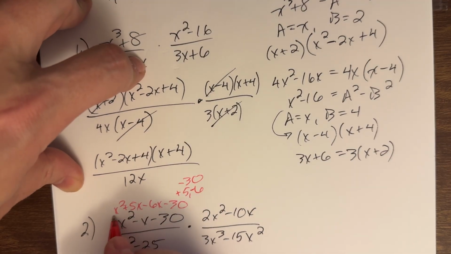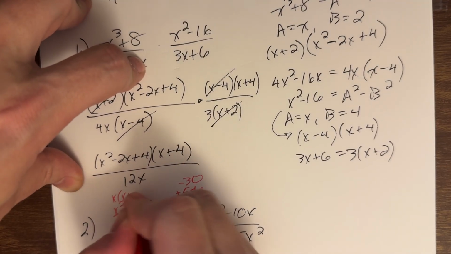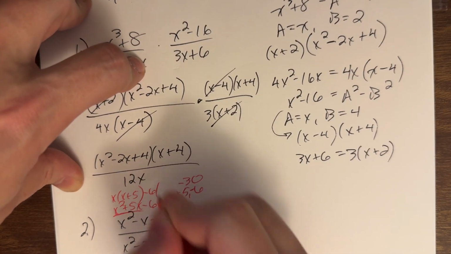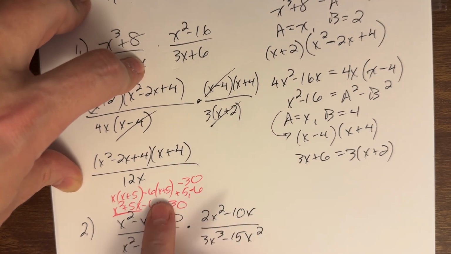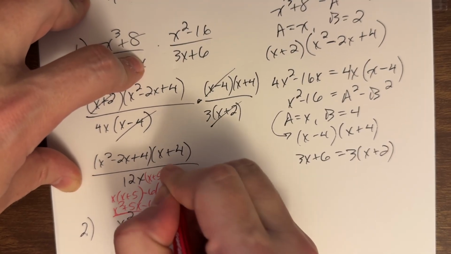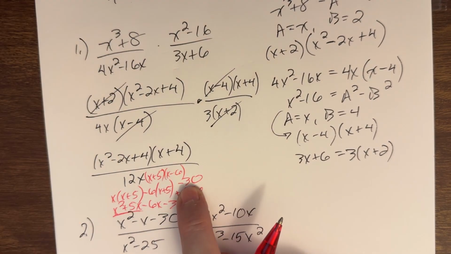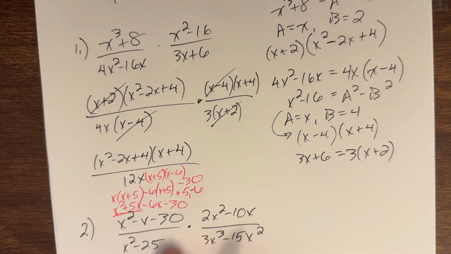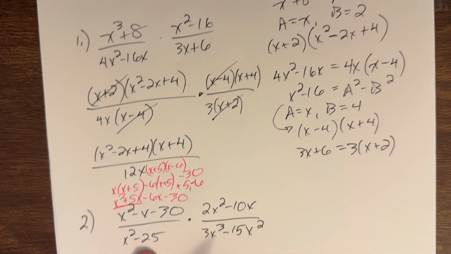I'm grouping. First group, x comes out, x plus 5 left behind. Second group, minus 6 comes out, x plus 5 left behind. That becomes an x plus 5 times x minus 6. And already you could see why some people don't like this. Some things factor quickly, like this one.